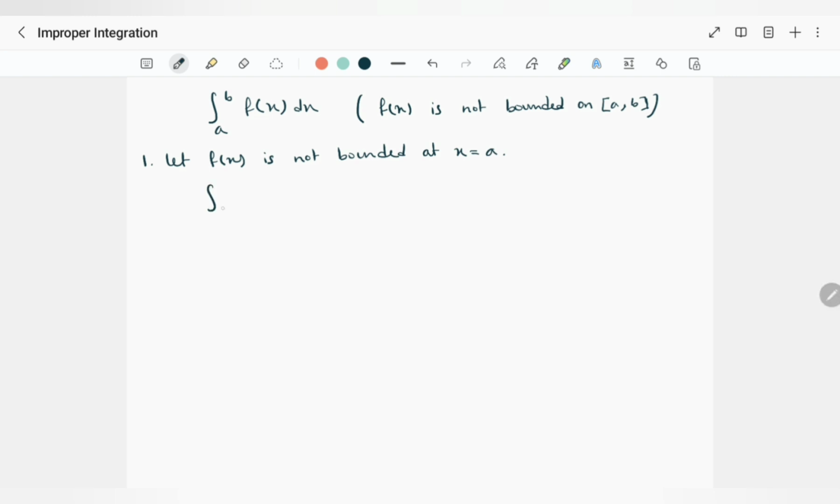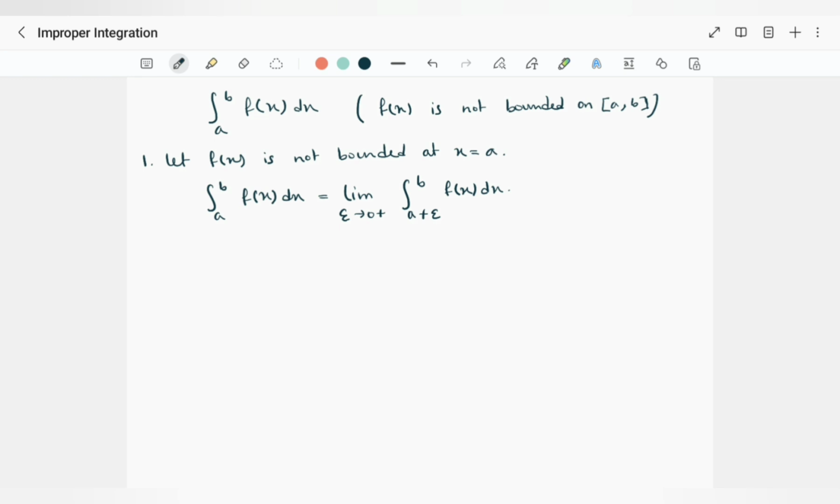Then we can write integral a to b f(x) dx equal to limit epsilon tends to 0 plus of integration a plus epsilon to b f(x) dx. Now the integral is integration a plus epsilon to b f(x) dx.